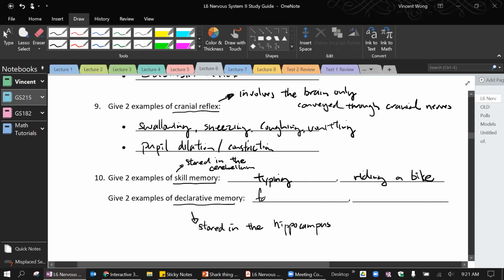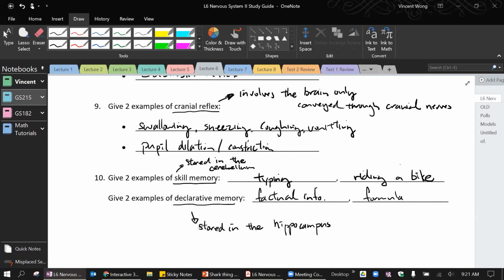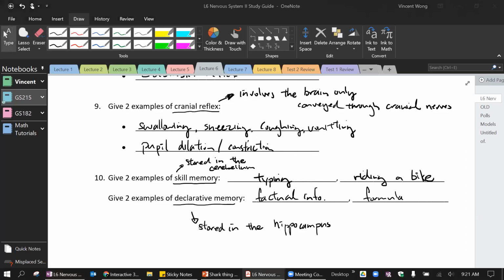So things like factual information, like 2 times 4 is 8, that's memorized in the hippocampus. Other things like formulas, equations, and a bunch of other stuff that you have to memorize. That is that.